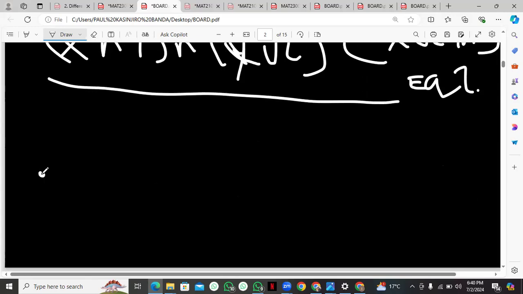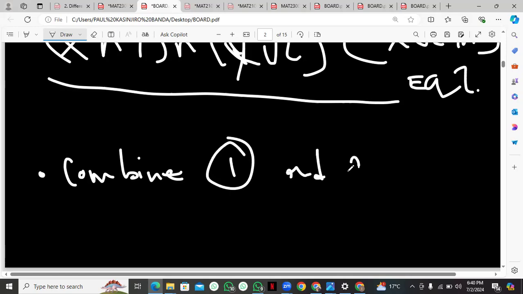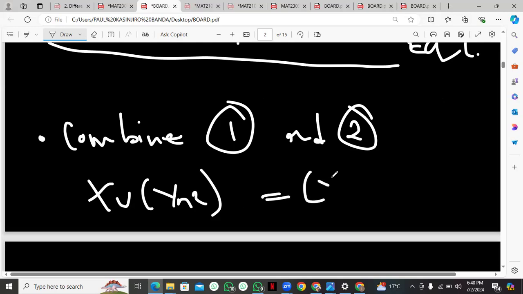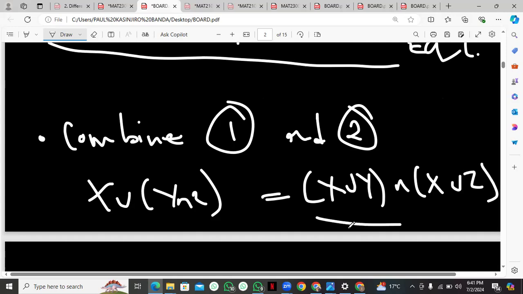Okay, so you can say hence if I combine my equation 1 and my equation 2, I have that X union Y intersection Z will actually be equal to X union Y, and then intersection X union Z. Okay, so this is what we have, and you say hence the proof. Okay, so that's how you prove the first question there.